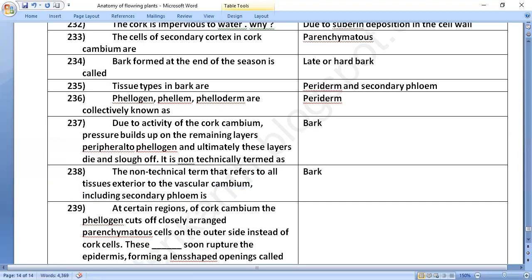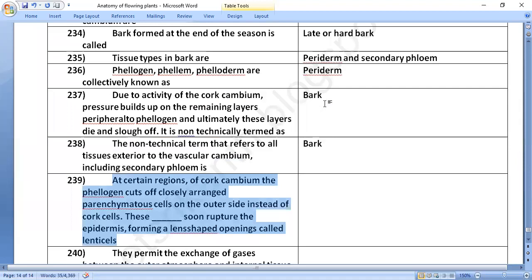At certain regions of the cork cambium, the phellogen cuts off closely arranged parenchymatous cells on the outer side instead of cork cells.